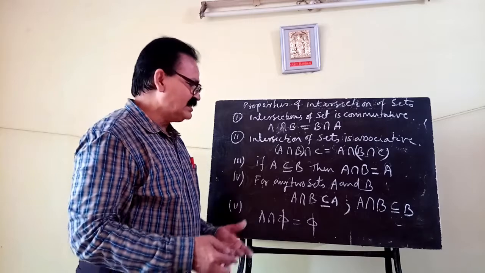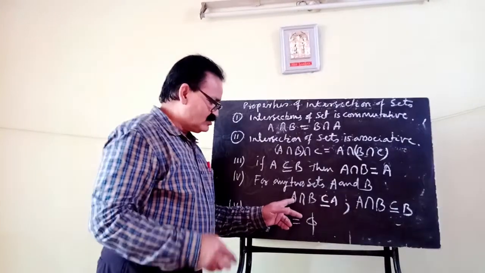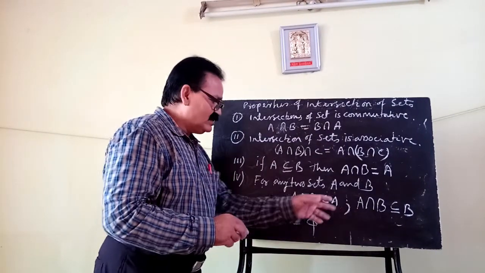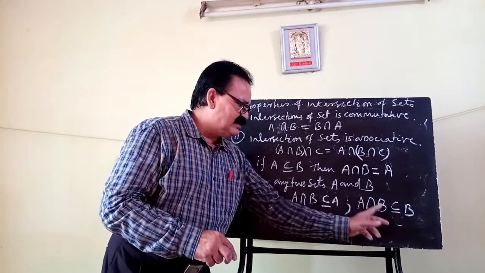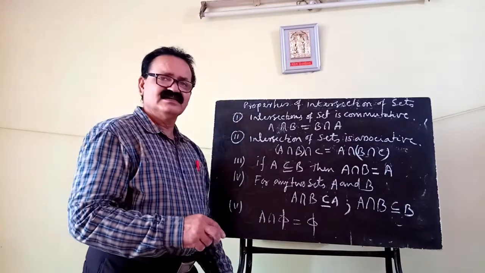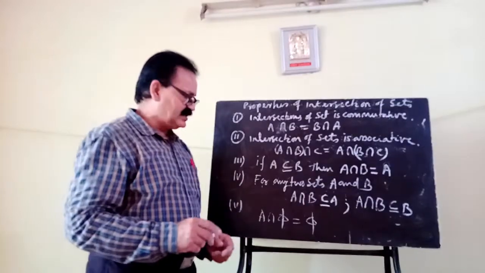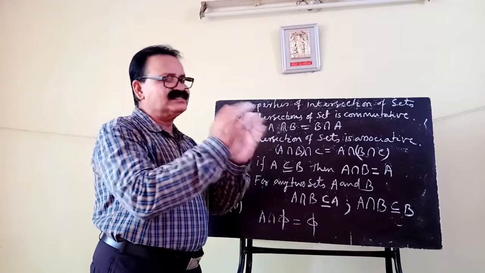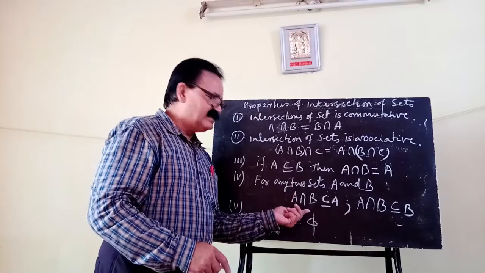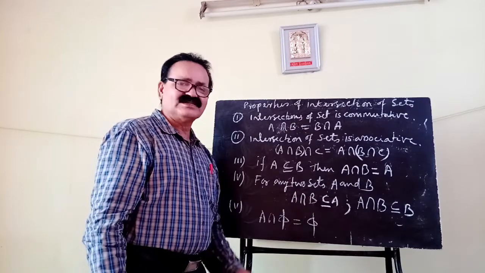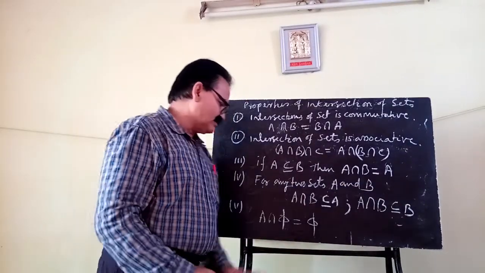Definitely it is possible, in the sense that all common elements between A and B are contained in set A. And in this case, A intersection B is also a subset of set B. This is also clear because for the intersection between two sets, we write only the common elements. So the common elements must be contained in both sets. That is why A intersection B is a subset of set A. This symbol is for subset. And A intersection B is also a subset of set B.